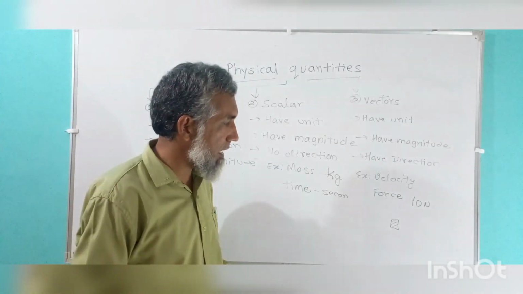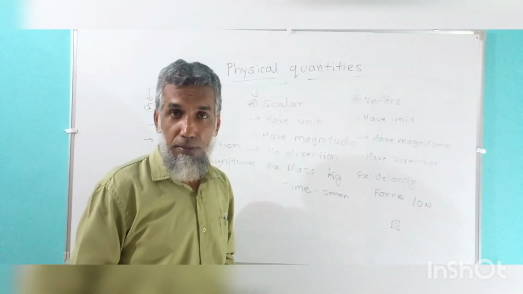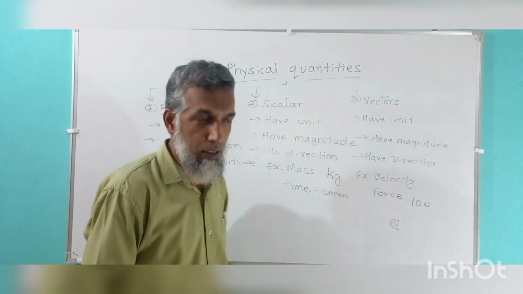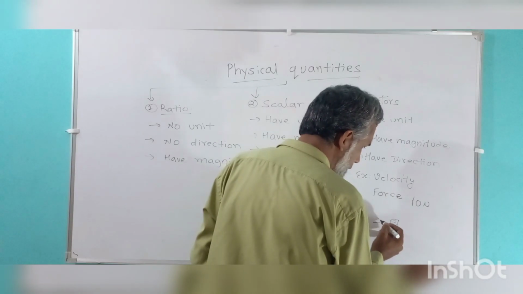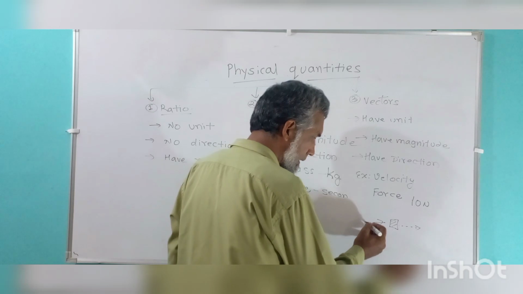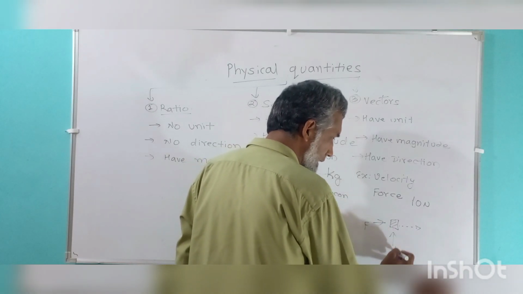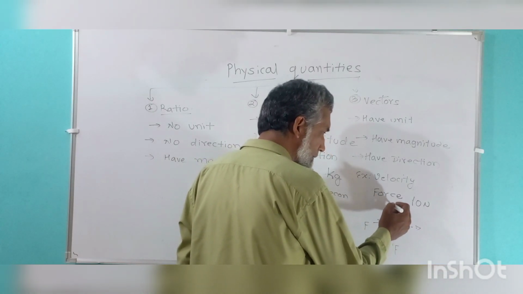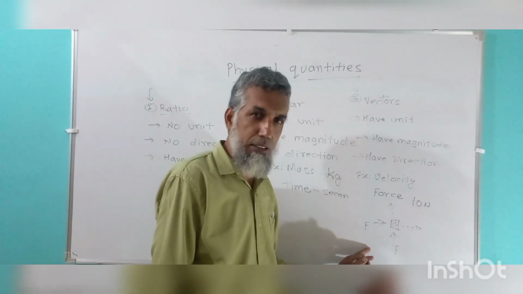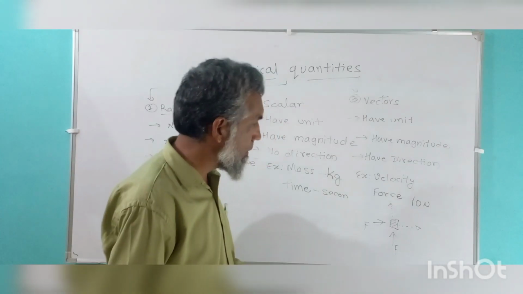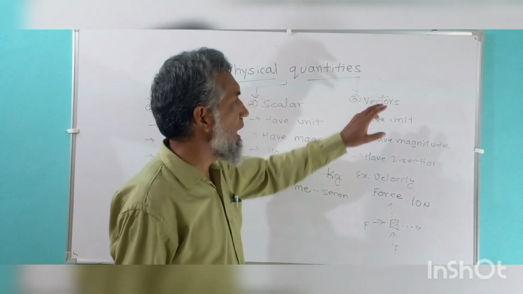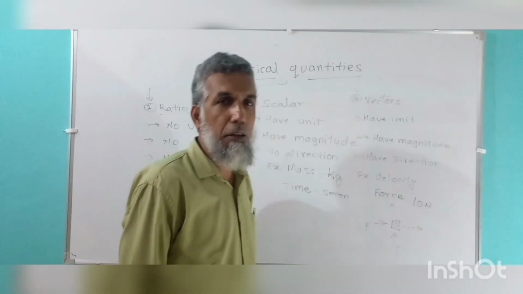Then only you can understand where the object will move. The motion of the object will depend on the direction of the force. Suppose if I apply the force in this direction, then the object will move in this direction. If I apply the force in this direction, then the effect will be observed in this direction. So assigning the direction is compulsory for the complete expression of the force, and that's why we say it has direction also, and that's why these are called as vectors.